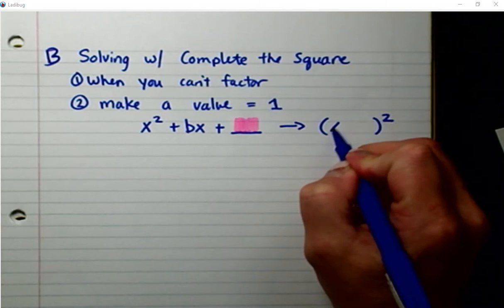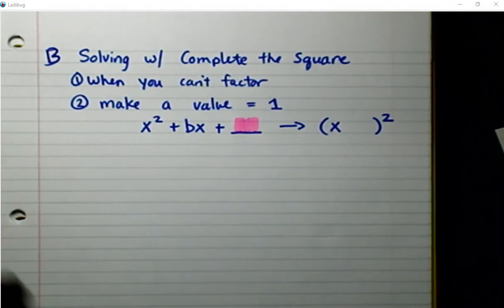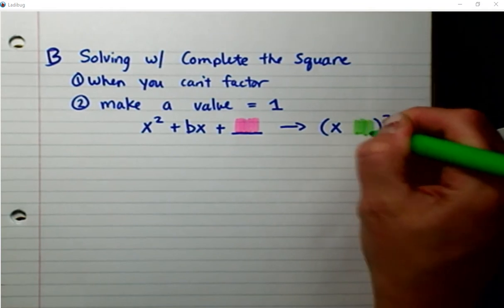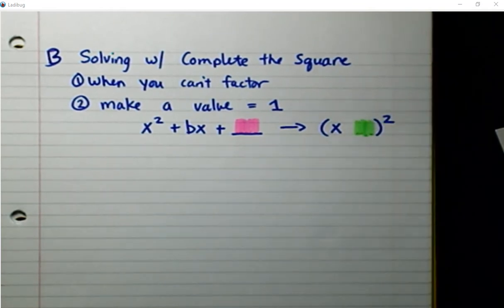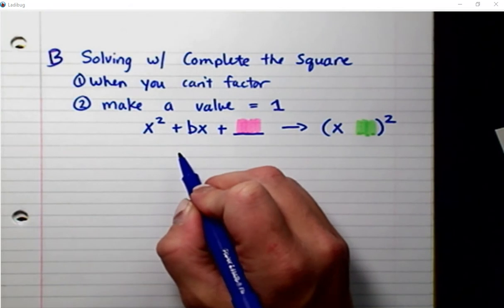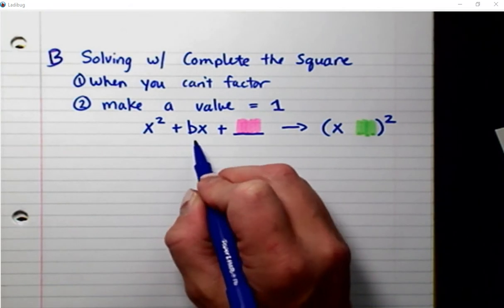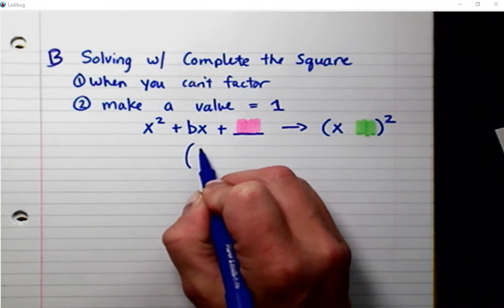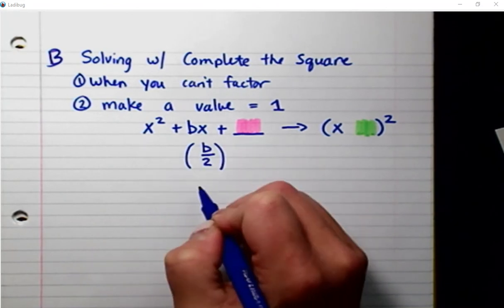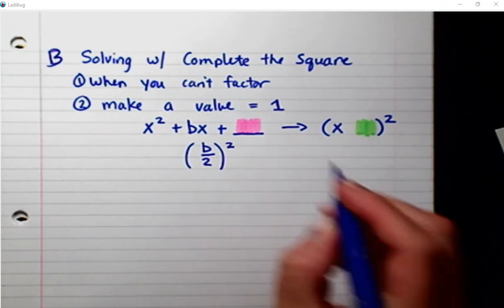Okay. I'll use green because it's different. We just practiced the complete the square step. Half it, square it. Half the middle number. That's what I want. Half of the middle number. B over 2, half it, square it.